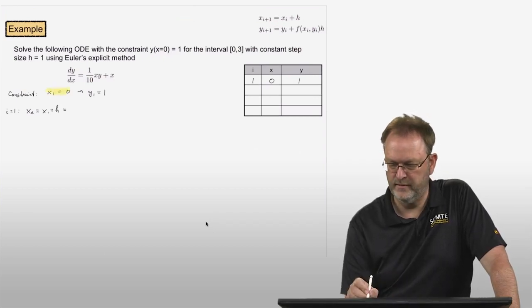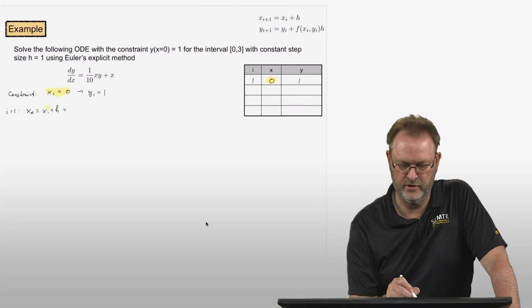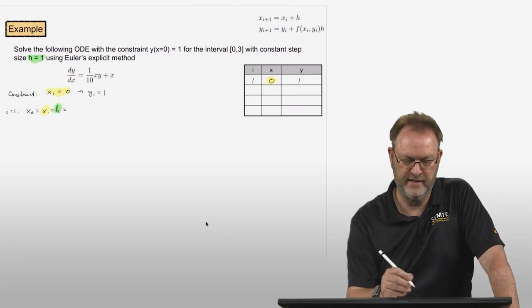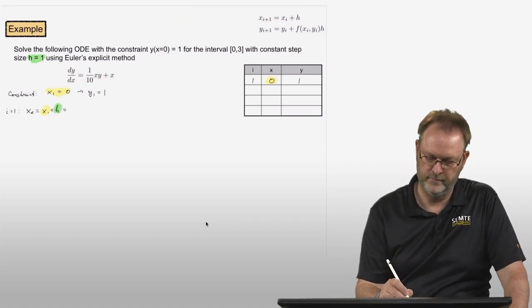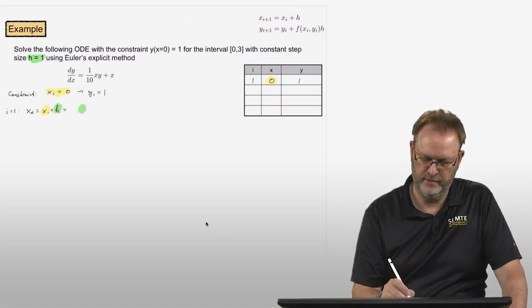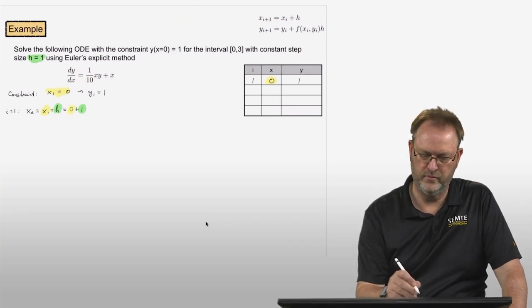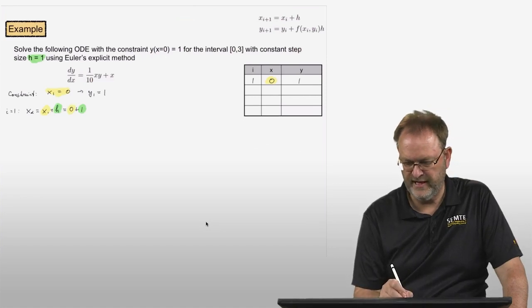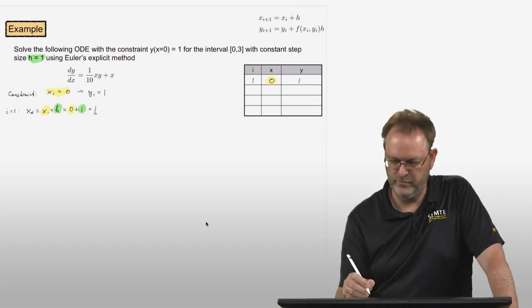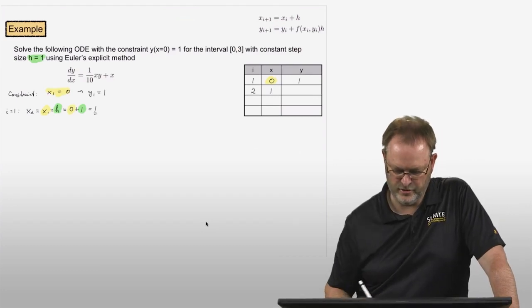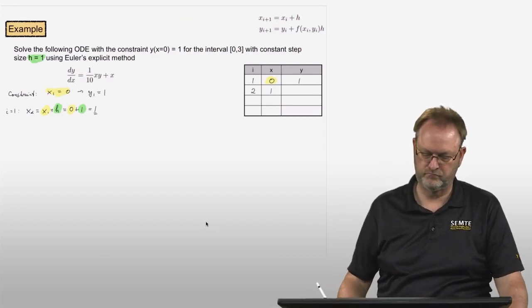The x1 here is 0. And the h is given in the problem statement that is equal to 1. So we have here plus 1. And the x1 was 0. So the x2 value is 1. So let me write this in here. For i equal to 2, the x is going to be equal to 1.